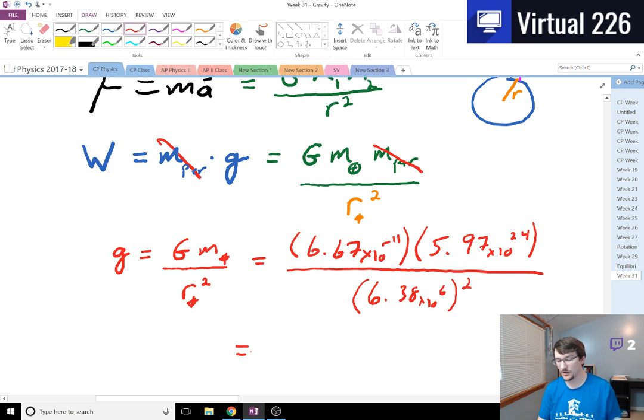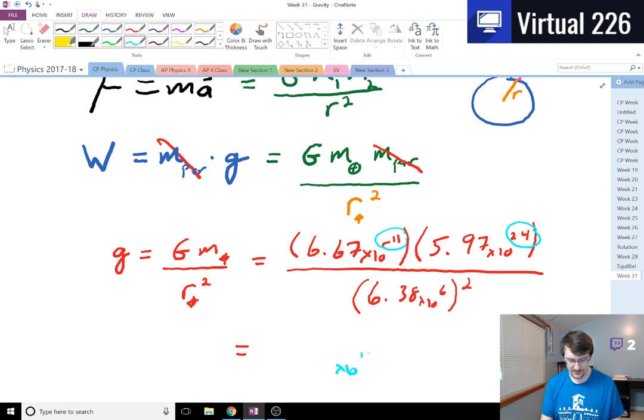If we go ahead and plug all of this into a calculator, and we've got to be careful about this, if we did a quick back of the envelope, we could probably see that 24 minus 11 is going to give us 13, and then 6 squared is 12. So we're going to get a number here that's times 10 to the first, which is really just whatever number we get. So it's about the 9.8 of gravity.